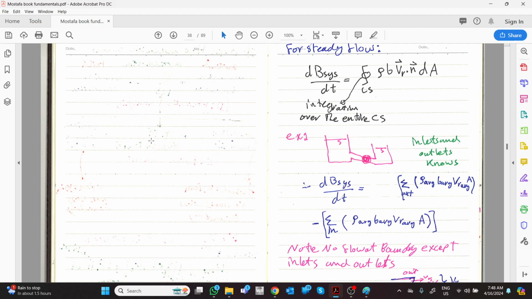For example, as we discussed before, the velocity in the pipe can take this shape. So V average, whatever it is, represents the magnitude of the integration of all of these, multiplied by the area. This is equal to minus out.